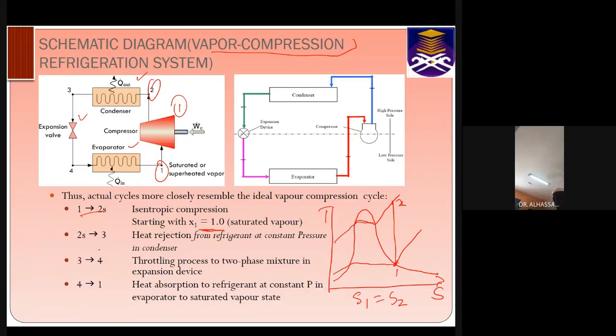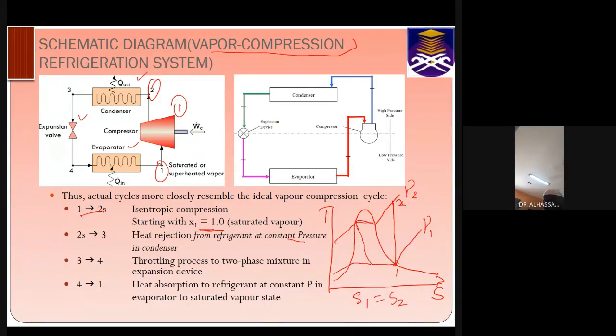Now, from 2 to 3, heat is rejected from the refrigerant at constant pressure. So this is the constant pressure line. So this is P1, this is P2, constant pressure line. Okay, then the throttle process to two-phase mixture in the expansion valve. So the expansion valve is such that there is always an increase in entropy.